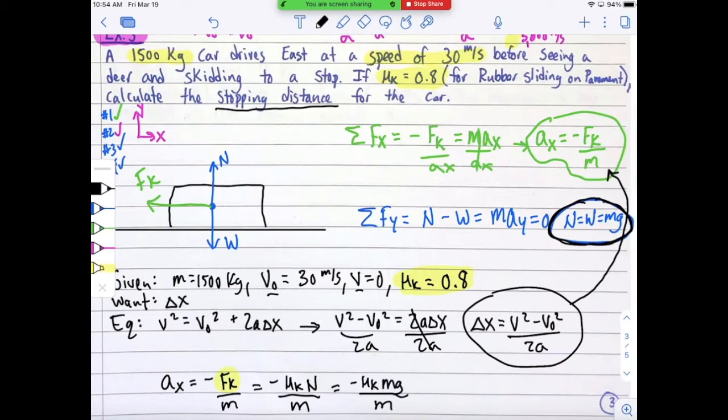That's still over m from before. And that's nice because you have an m on top and an m on bottom, so they're gone. So our equation, a_x, is going to be equal to negative mu k times g. We basically simplified down an equation for our acceleration.